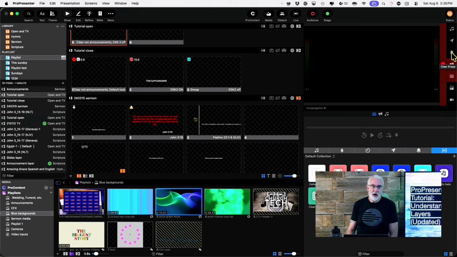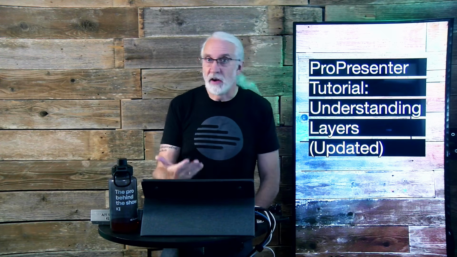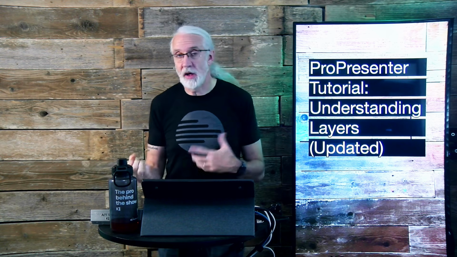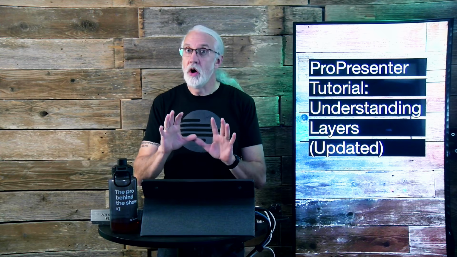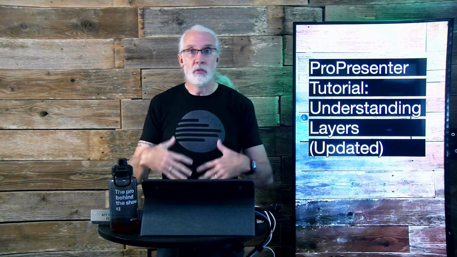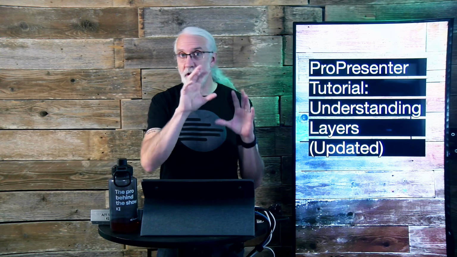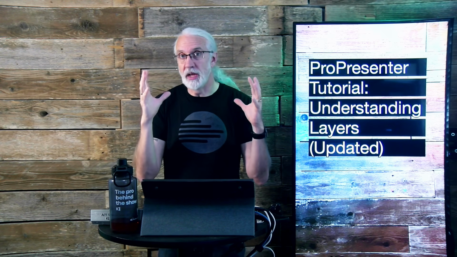Above that, we have props, and props is my favorite layer, and it's also the most overused layer. Props can be added in any order and removed in any order. So I have a tutorial on how to use props to make a Jeopardy game. Why would you use props instead of slides? Because since you can put them in any order and remove them in any order, just picture a Jeopardy board, and you can pick any one of those slides, any one of those screens, and have it reveal the clue.